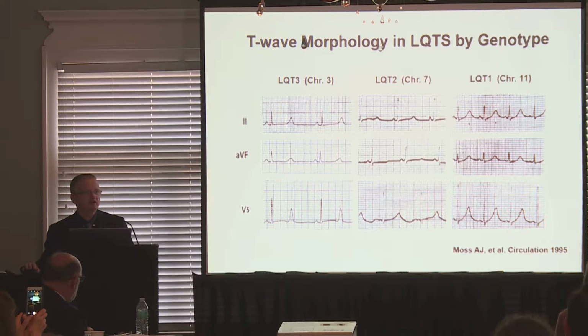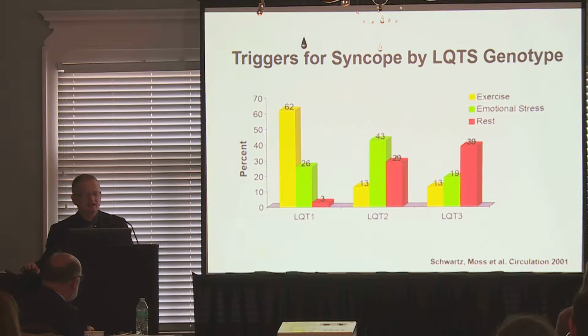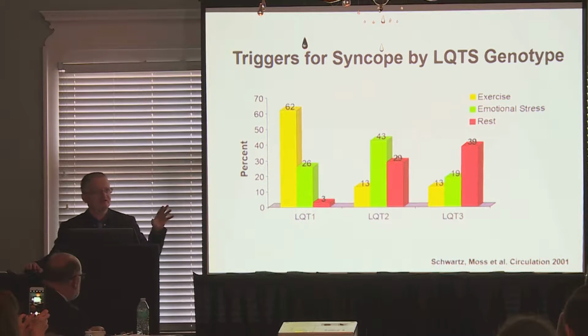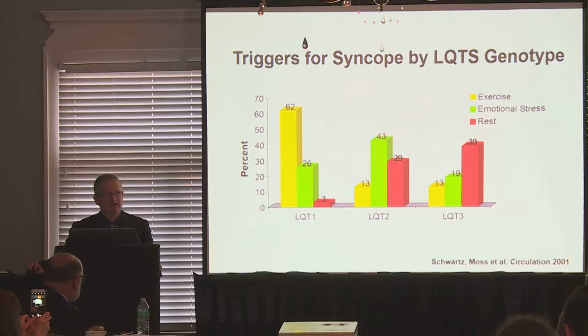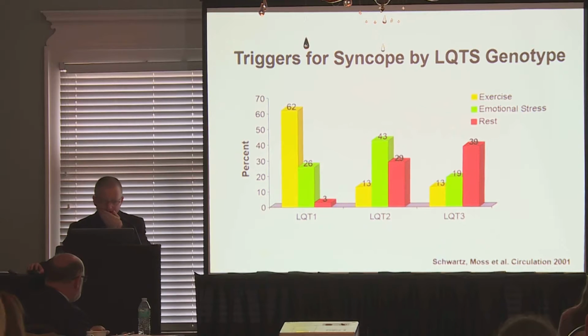So it's not one disease, it's multiple disease entities that have to be treated differently and risk-stratified differently. And this is the reason that the clinical expression of the disease is different. In LQT1, because of the specific potassium channel effect, it's more affected by adrenaline and sympathetic activity during exercise.